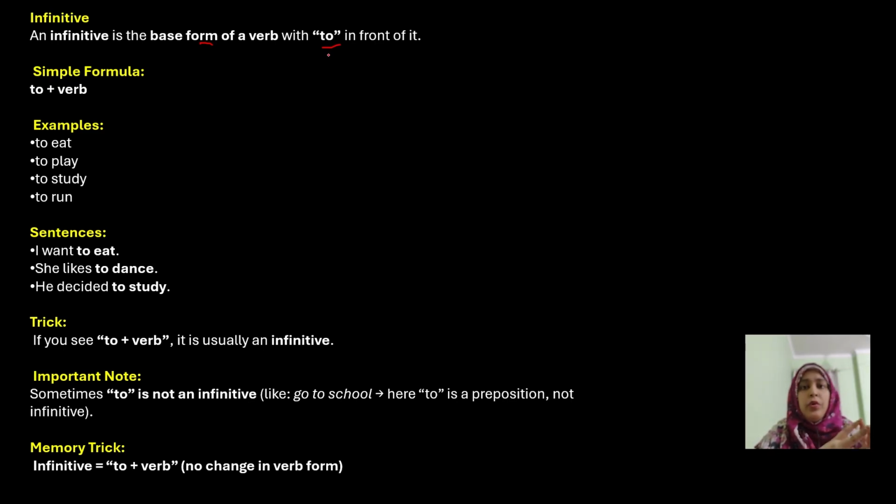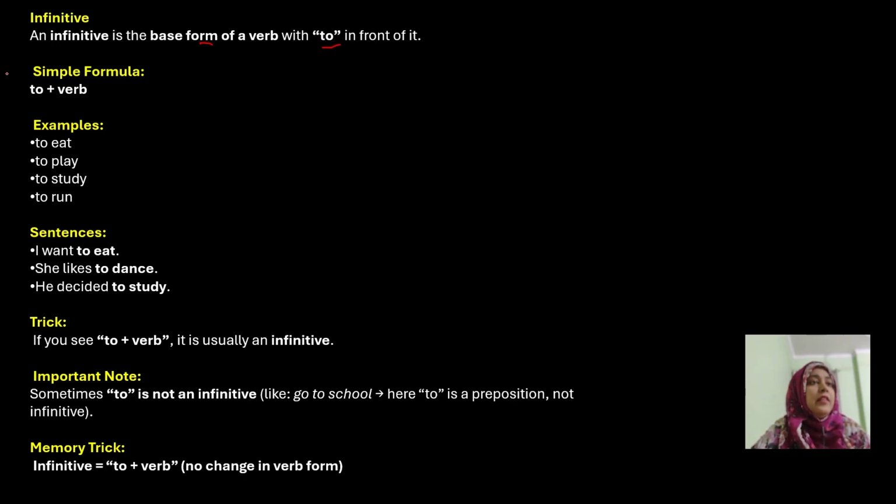And I already told you that you have to continuously revise those verb forms, so that you know where you have to change the particular word form according to the context, according to the tense. So fine, in infinitive also we use to in front of the base form of the verb.